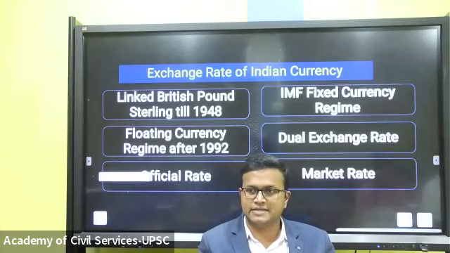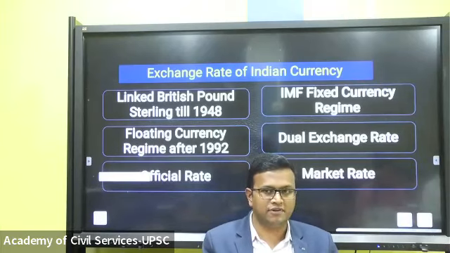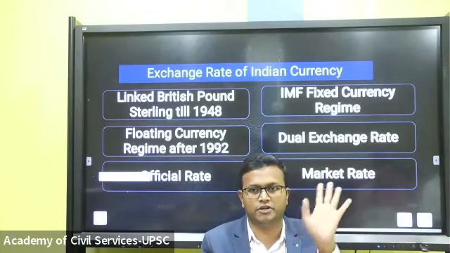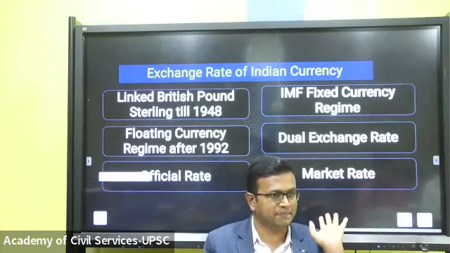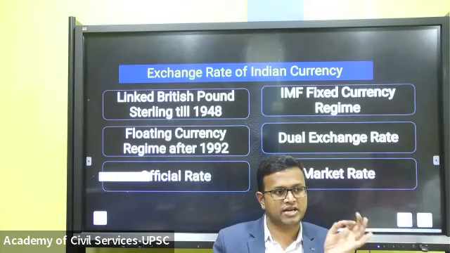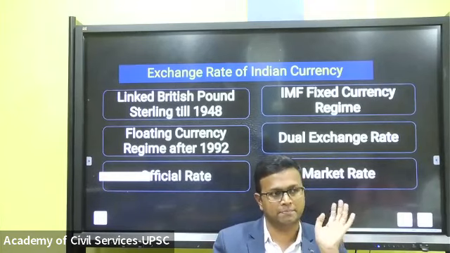What is Indian currency's exchange rate? Every 3 months, IMF will declare that for the next 3 months, Indian currency, $1 is equal to 40 rupees. That will be for the next 3 months. This is called fixed currency regime. Fixed currency regime means that IMF was fixing the value of the currency of every country.